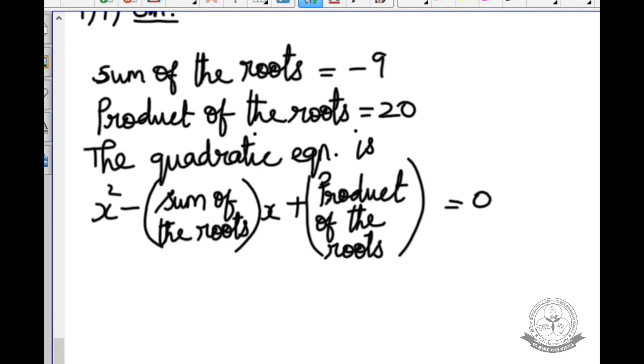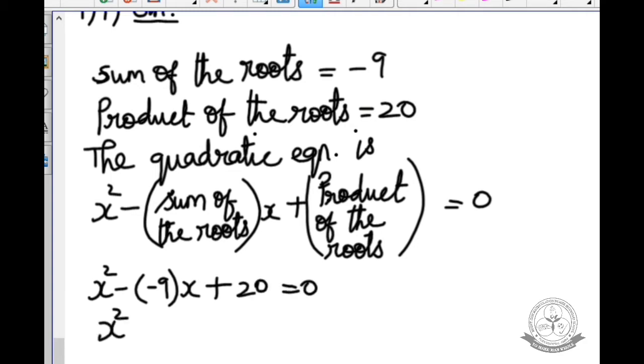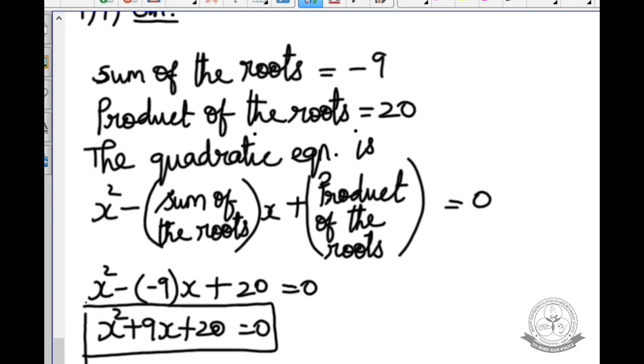Here sum of the roots is given as minus 9, so minus 9 into x. Product of the roots is given as 20. That means x squared minus into minus plus, so x squared plus 9x plus 20 equal to 0 is the required quadratic equation. This is the answer.